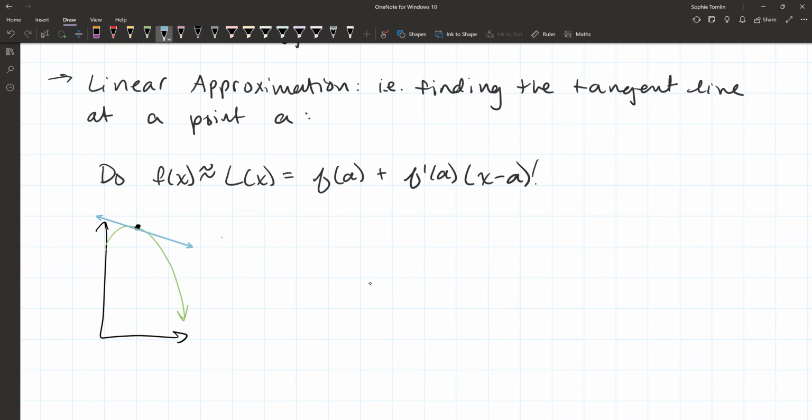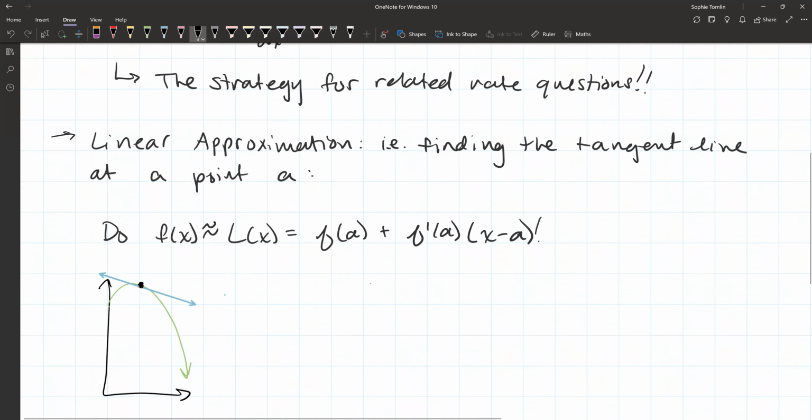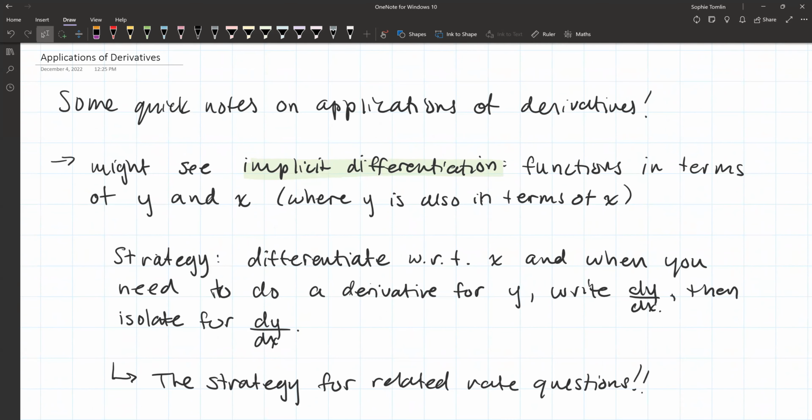The linear approximation formula gives you f of x is approximately equal to L of x, which is f of a, you evaluate your function at the point a, plus the derivative of the function at this point times x minus a. And I think that was all I had for applications of derivatives right now.